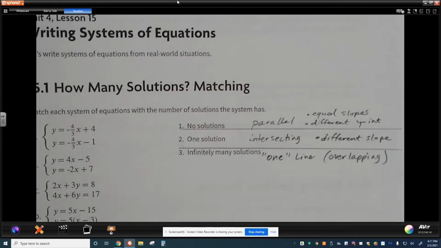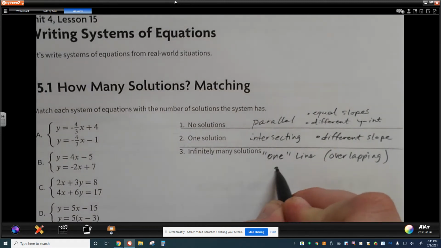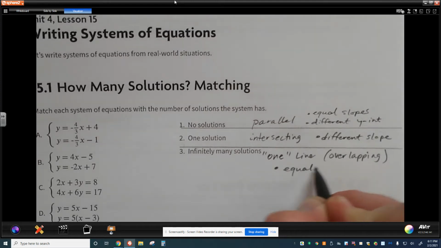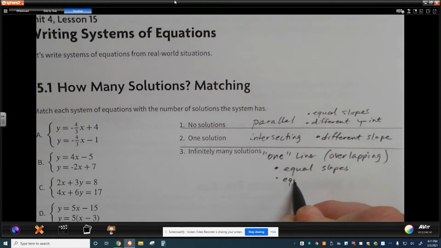Finally, infinitely many solutions, what we see is quote unquote one line. The reason for this is because the two lines overlap directly on each other, and they overlap because they have equal slopes and they have equal y-intercepts.